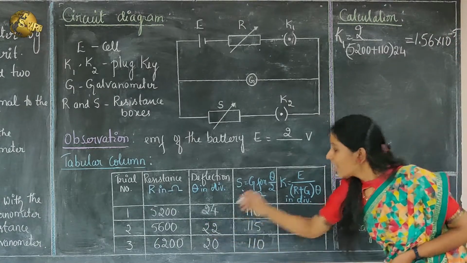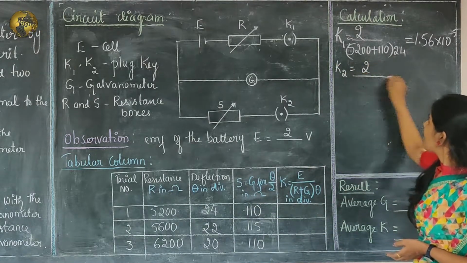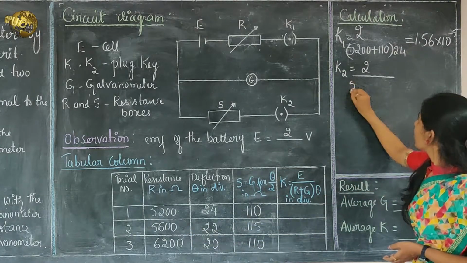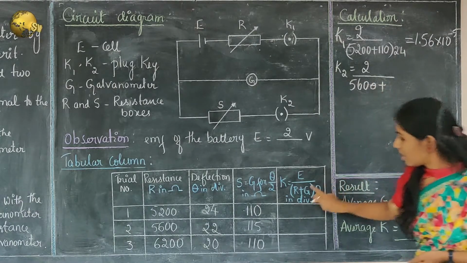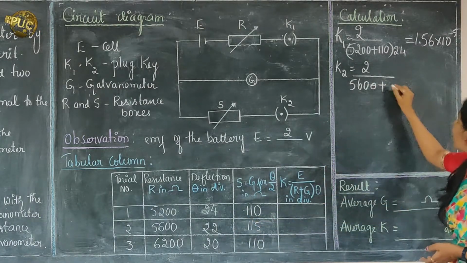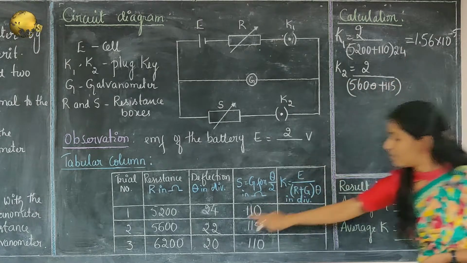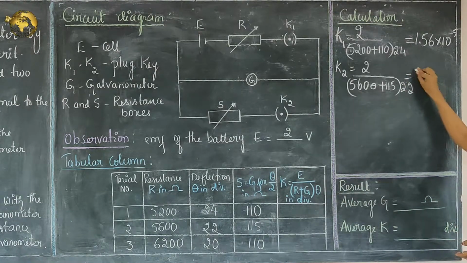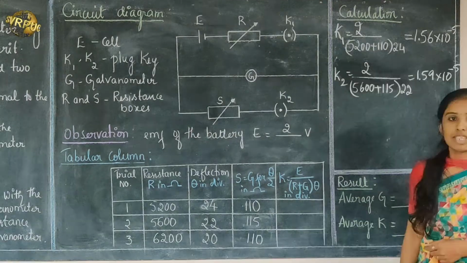Moving on to the second one, K2 will be 2 divided by R, which is 5600, plus G, which is 115, into theta, which is 22. Approximately 10 power minus 5.